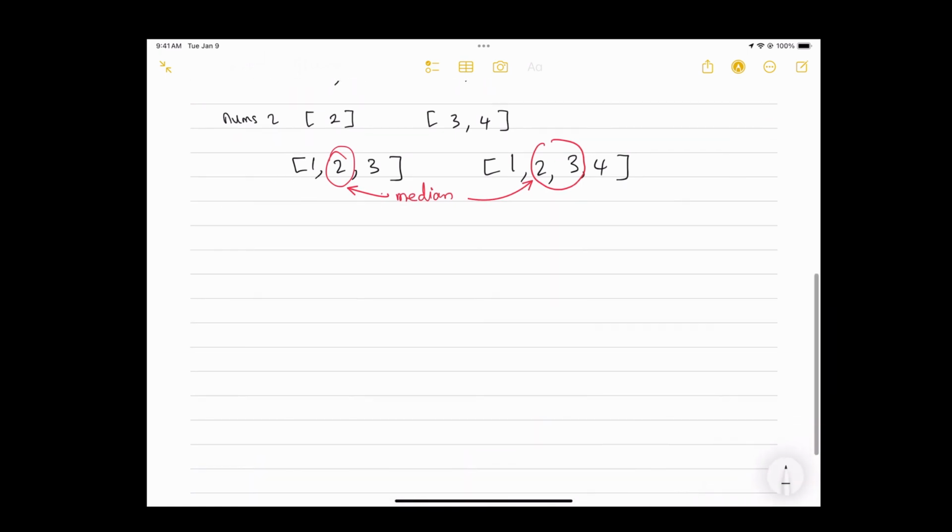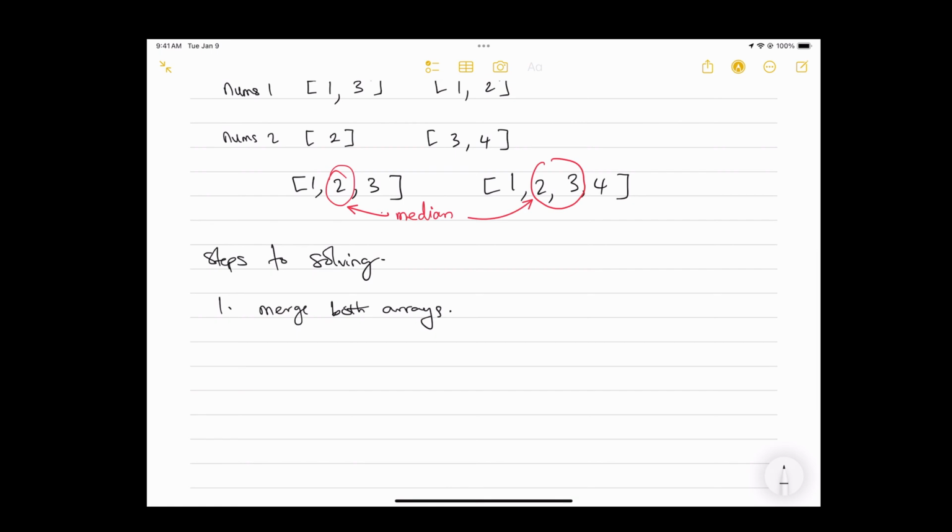So when you get a problem like this, one of the easy brute force approaches would be, step 1, merging both arrays. Alright, they're already sorted, but another thing is it doesn't state if there could be duplicates in the question.